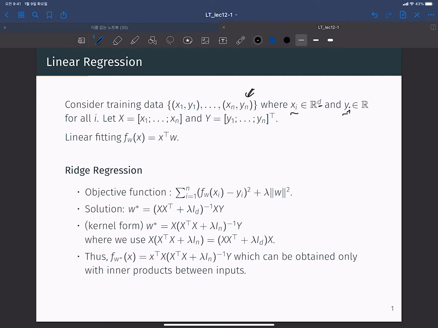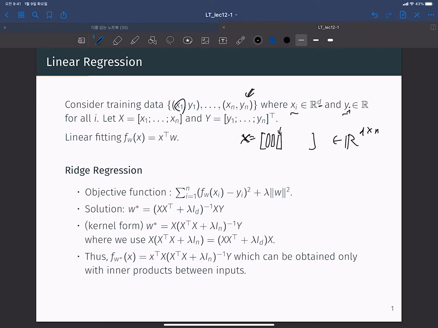Okay, so let X be the matrix, which will be d by n. Sorry, it should be d by n, and each column comes from the data point input xi.